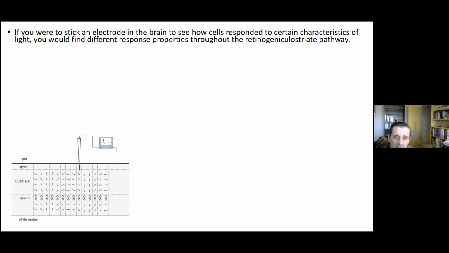So how did they find out about all of this? Some experiments were conducted. And to this day, if you were to stick an electrode in the brain to see how cells responded to certain characteristics of light, you would find these different response properties throughout the pathway.